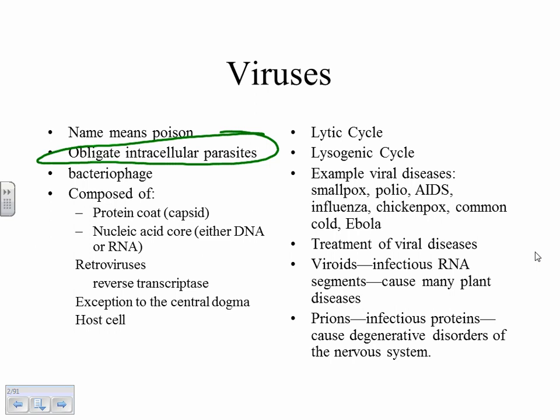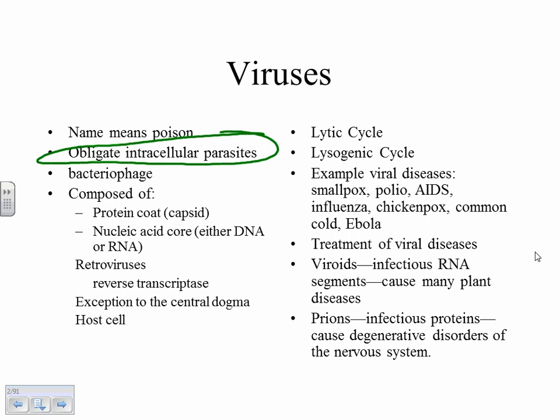Now look at that term. Every word in there you ought to be able to figure out what it means. Obligate means what? You're obligated to something. You have to do it. So they have to be, what do we know this word means now?